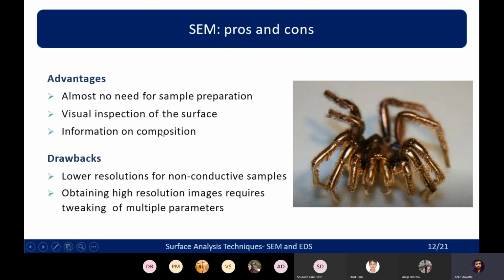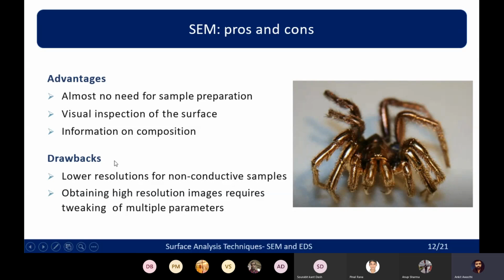It's not actually quantitative analysis, but it will give you some qualitative results: here there is a variation in the composition, and here it is a constant or the same composition throughout the scanned surface.